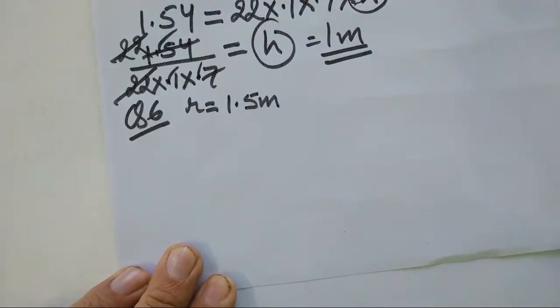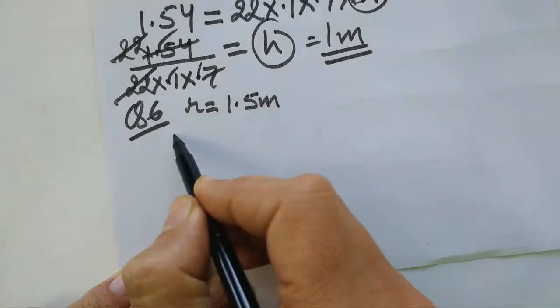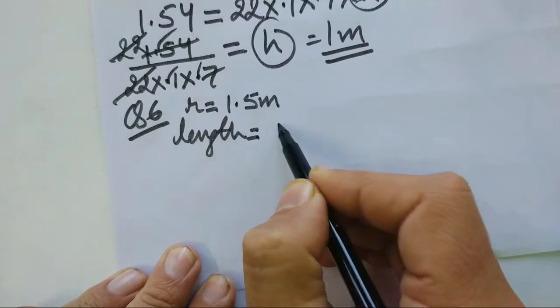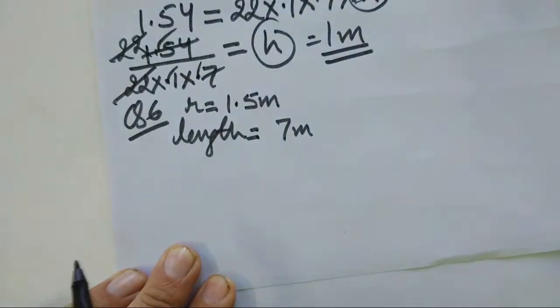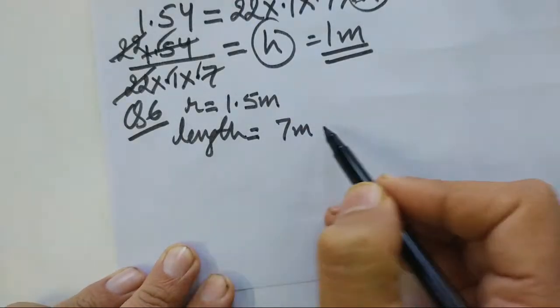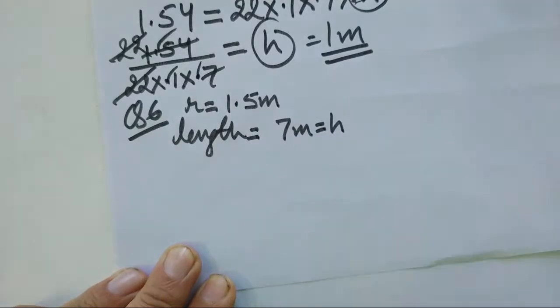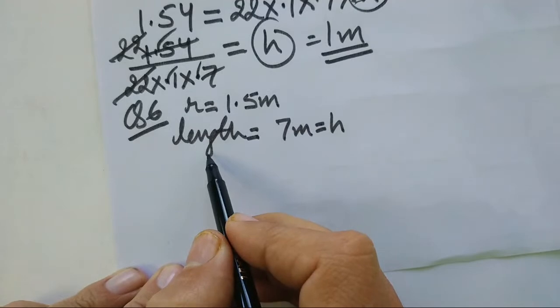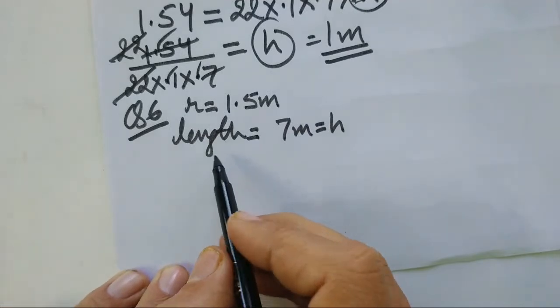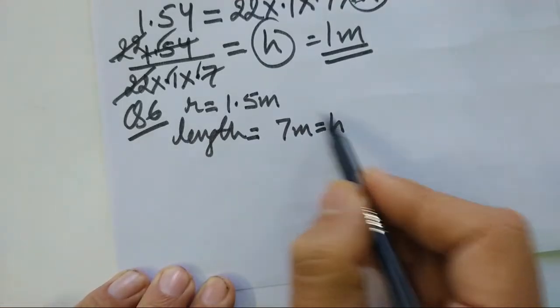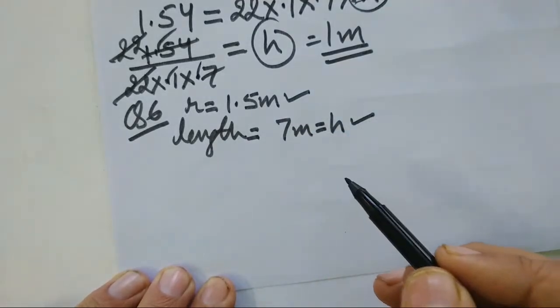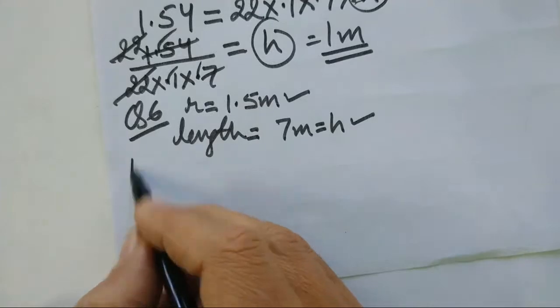Radius is given 1.5 meter and its length is given 7 meter. So length 7 meter also means height, and you have to find the quantity of milk in liters. So since I have got radius and height both in meter, I can find its volume.